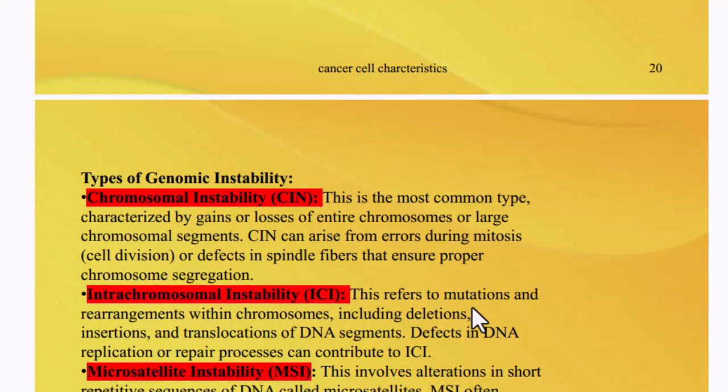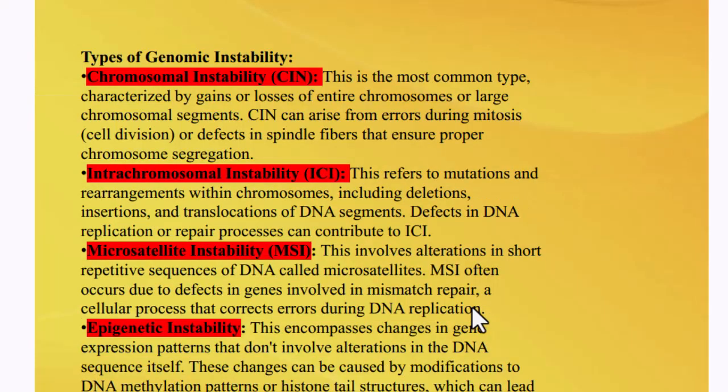Types of genomic instability: chromosomal instability. This is the most common type, characterized by gains or losses of entire chromosomes or large chromosomal segments. Intrachromosomal instability. This refers to mutations and rearrangements within a chromosome. Microsatellite instability.